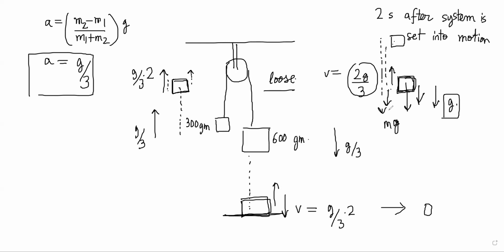Then the string becomes tight again, and the tension comes again. So this is the time that elapsed that you have to find out. That is easy to find. You can just calculate that.